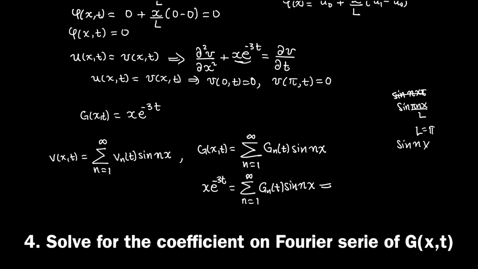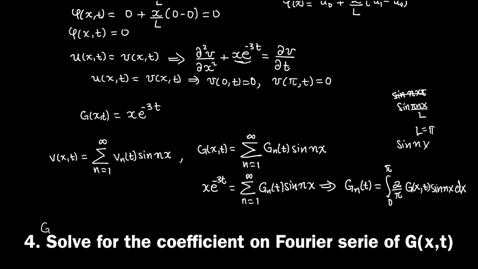From here, I can actually solve for this constant. It's going to be the integral from 0 to pi. I should have put the 2 over pi outside, but I'm going to just put it inside: 2 over pi times the function itself, g(x,t), sine nx dx.